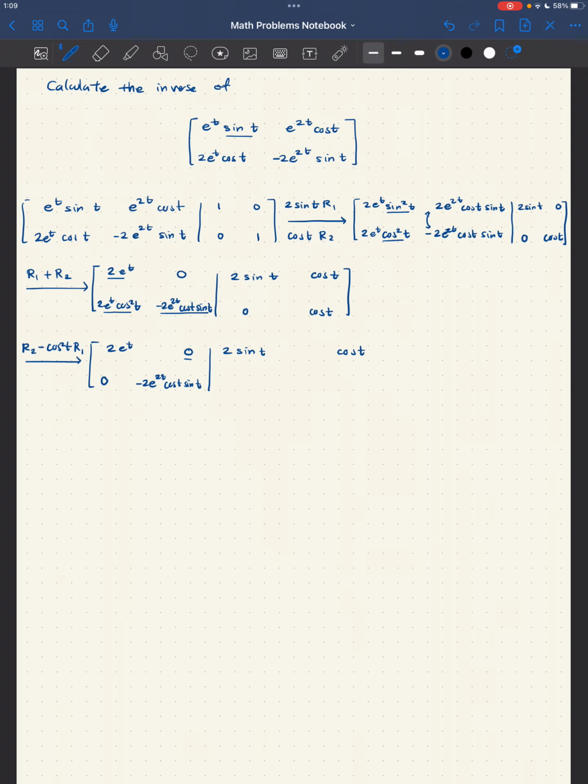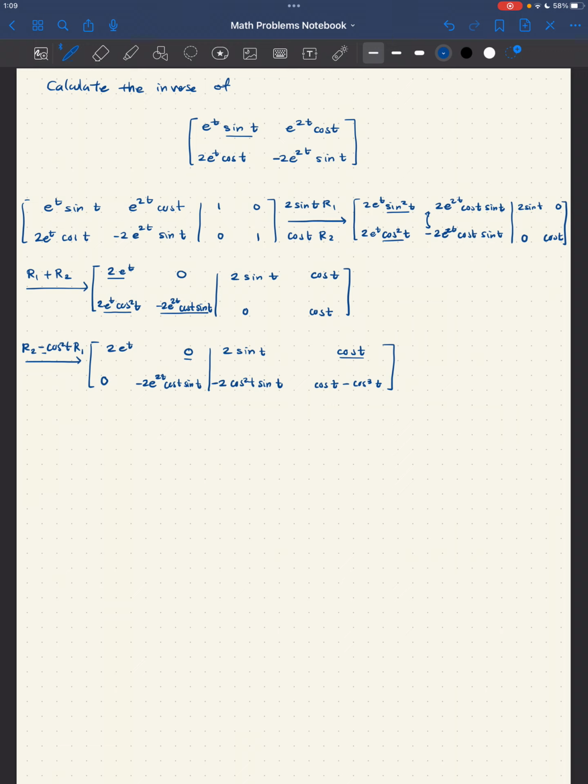But now I'm multiplying the first row by cosine squared. So I get negative 2 cosine squared of t sine of t, since I'm subtracting that. Now I'm multiplying this by cosine squared. That becomes a cosine cubed. So I have cosine of t minus cosine cubed of t.